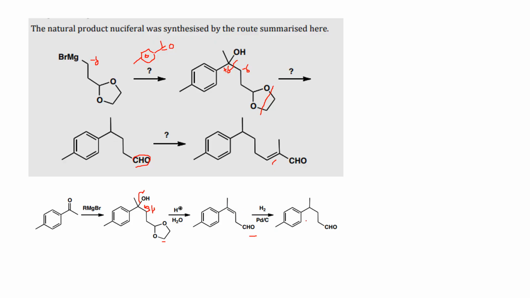In presence of H2 palladium charcoal, it selectively reduces the carbon-carbon double bond. In the next step, if you react this aldehyde with a specific Wittig reagent, we will get this double bond. Okay, so by this way you can predict the forward synthesis of this compound.